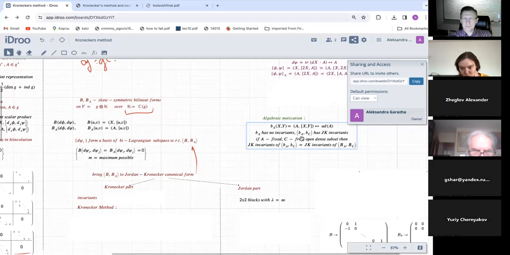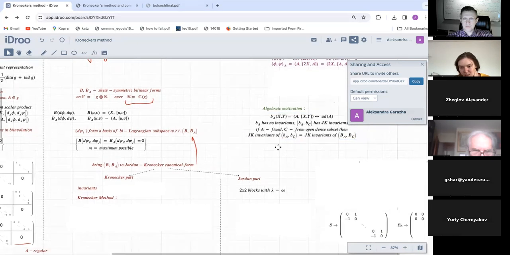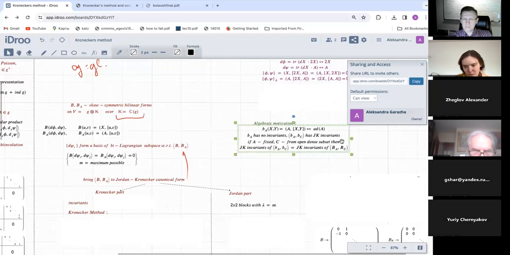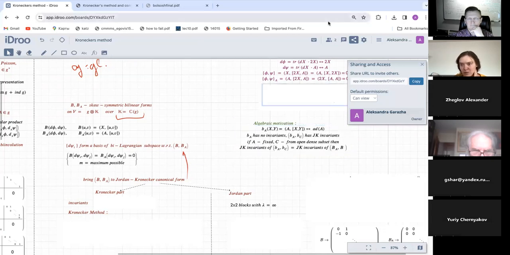So let's take two skew-symmetric bilinear forms of that form and try to find the invariants. The idea is that one element is fixed and another comes from an open subset of the Lie algebra, then the Jordan-Kronecker invariants of this pair are equal to the Jordan-Kronecker invariants of our pair of forms. Yes, I would go further, and if we have time, I could tell more about that.